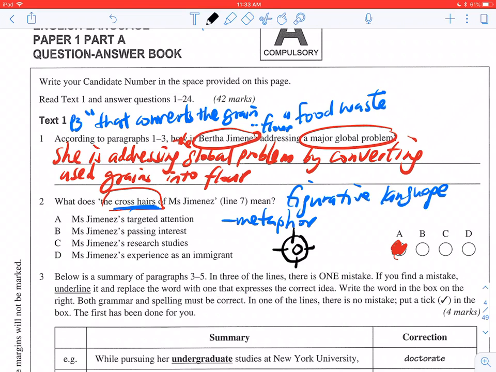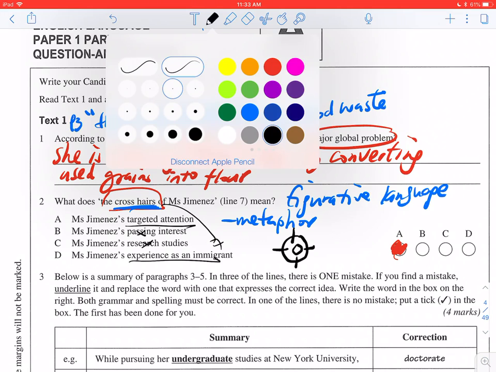It is called crosshairs. So by knowing this already, you know targeted attention. And second one, passing interest is not passing, of course. Research studies, no mention of this. And as an immigrant is unrelated. So the possible answer is A.